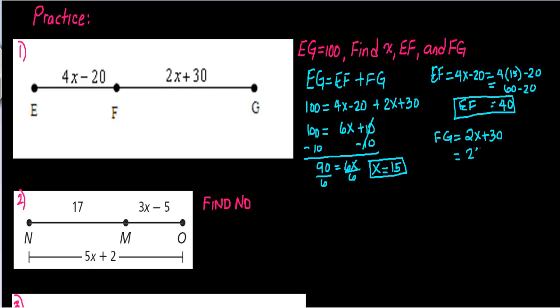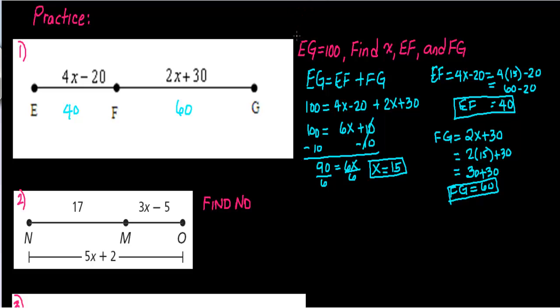That equals 2 times 15 plus 30, which is 30 plus 30. So FG is equal to 60. You can check these numbers, and if FG is 60 and EF is 40, then EG must be 100, like it was said at the beginning. So there you have the answer to problem number 1.